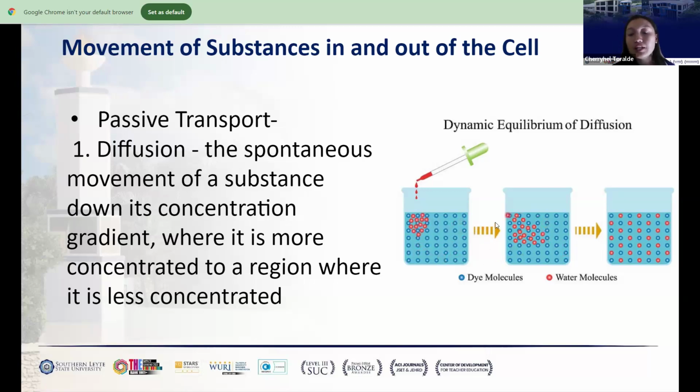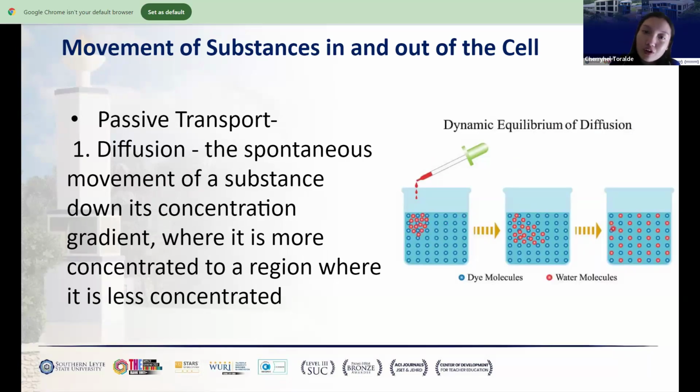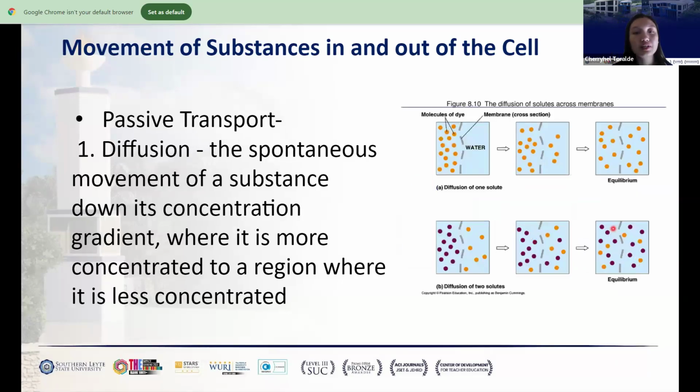And then eventually, the distribution of the blue and the red molecules will equate. In a sense, it becomes isotonic. Okay. So that's basically diffusion, the spontaneous movement of a substance from a region of higher concentration to a region of lower concentration.